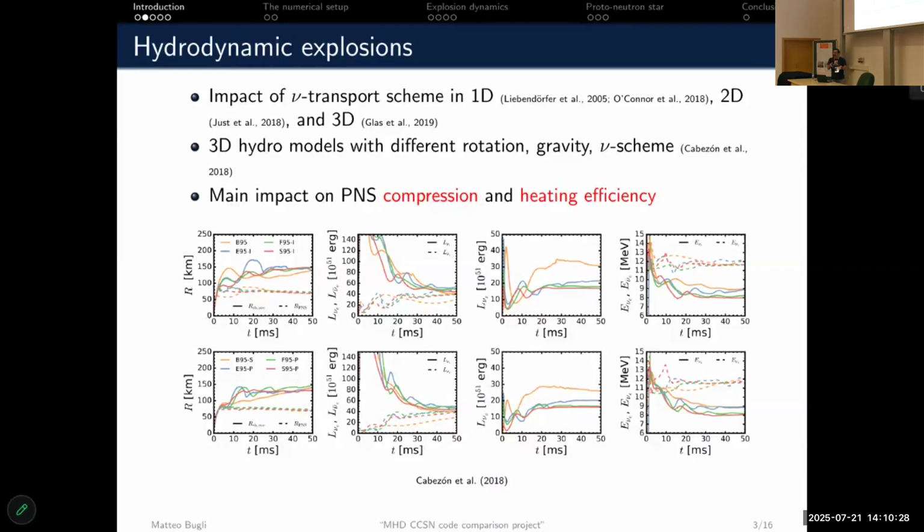And for standard hydrodynamic explosions, essentially every phenomenon that has an impact on how the proto-neutron star compresses, or how the neutrino heating efficiency may be modulated, will inevitably have an impact on your numerical model, because you're tweaking the neutrino fluxes and the efficiency of the heating mechanism, and therefore you can have a deviation from the mean.